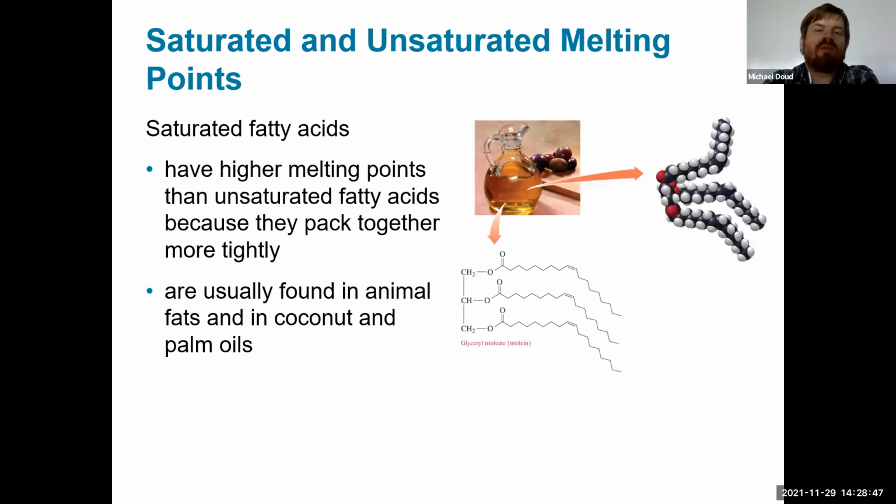So we've talked about it before as far as saturated fatty acids versus unsaturated fatty acids. Saturated fatty acids have higher melting points because they're able to pack together more tightly. And you can find the saturated fatty acids in animal fats, as well as coconut or palm oil.